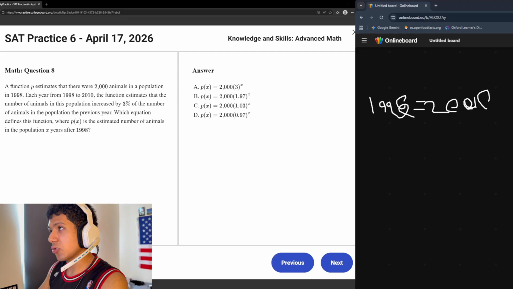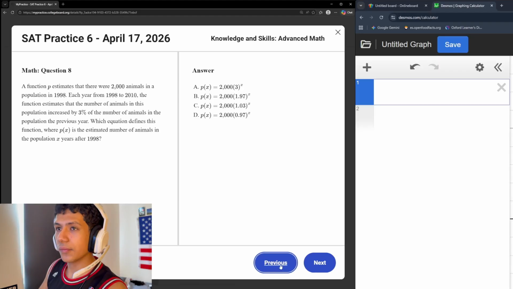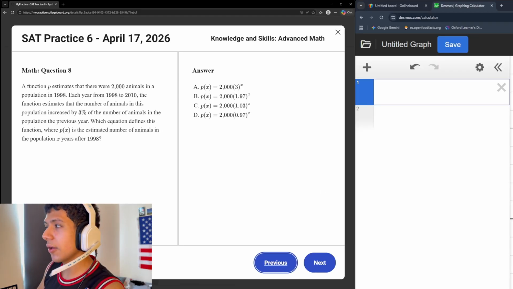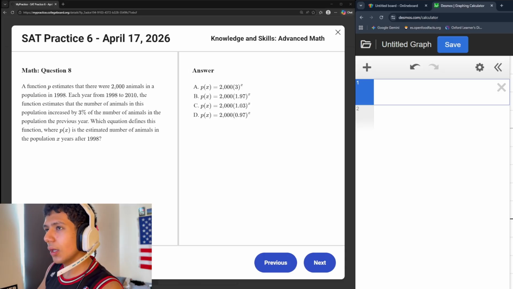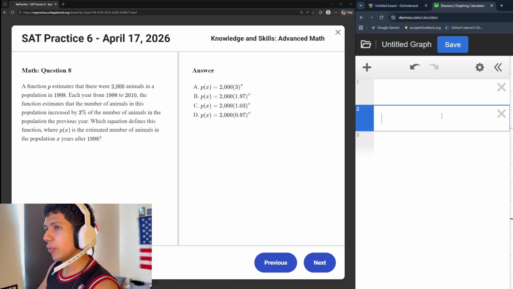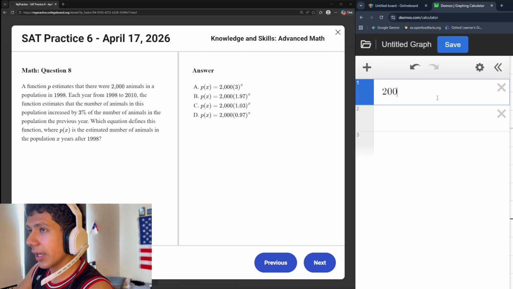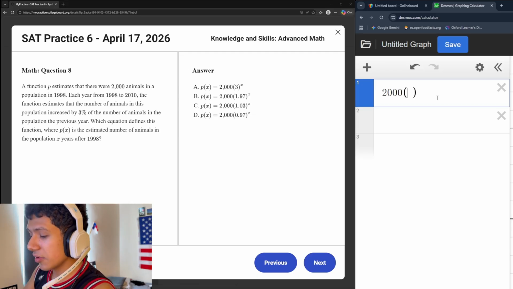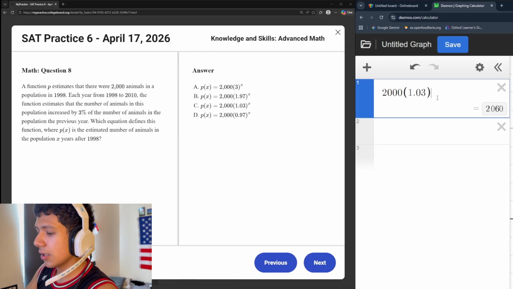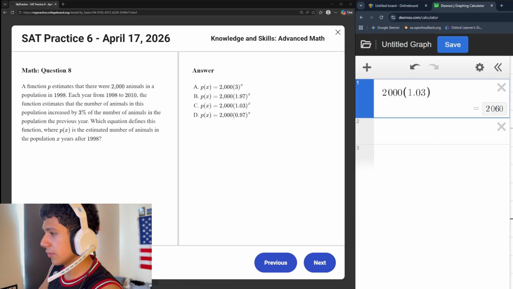And I'm actually going to try and do that in Desmos. Okay, we have the question on the screen now, and okay, so Desmos is here, 1.03. Let me try that. 2,000 initial value multiplied by 1.03 to the power of x.